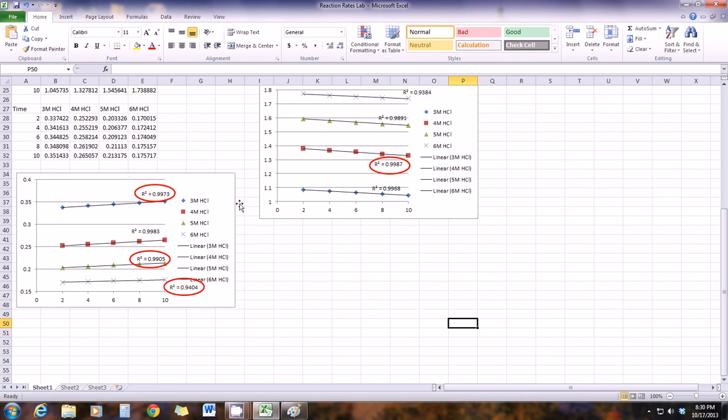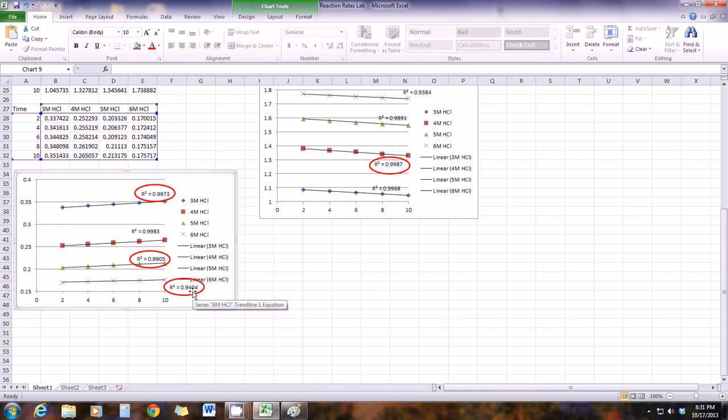So I would actually say that this reaction, because this R-square value is really close to this one, it's just barely above it, I would say that maybe there was an error somewhere in this data, and that this was actually supposed to be second order for the 4 molar as well, and that would tell us that the order of this particular reaction was second order.